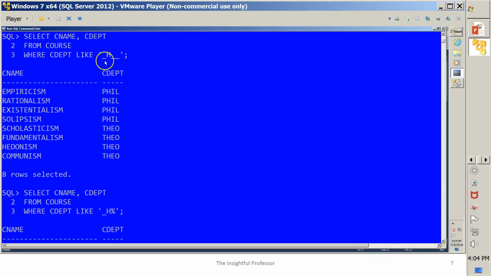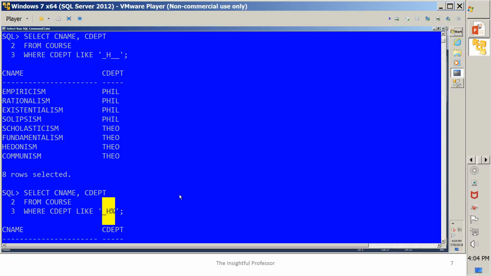Remember, in this pattern, we said there must be exactly 2 characters that follow the H. Whereas with the pattern where we have a trailing percent sign, there could be no characters, 1 character, or 2 characters. So the point is it's variable in length. So the 2 patterns are not identical.